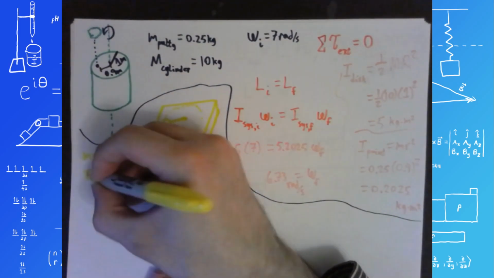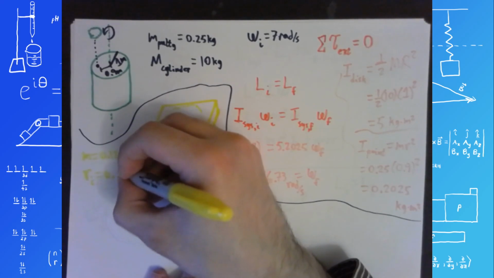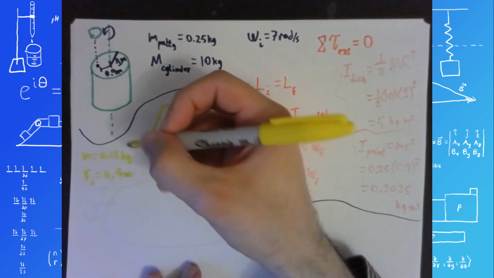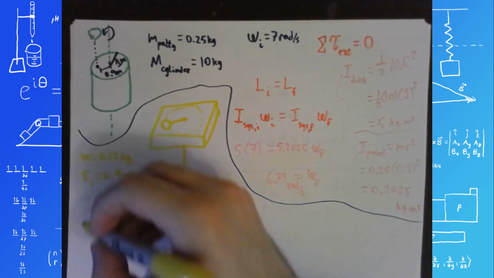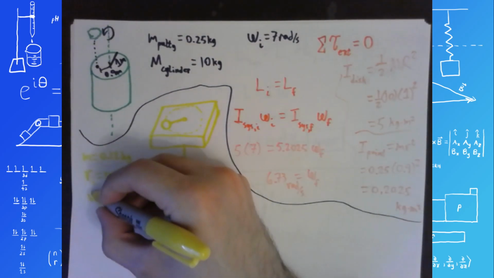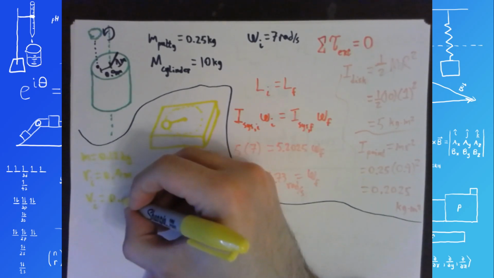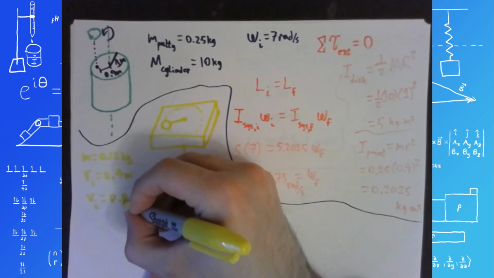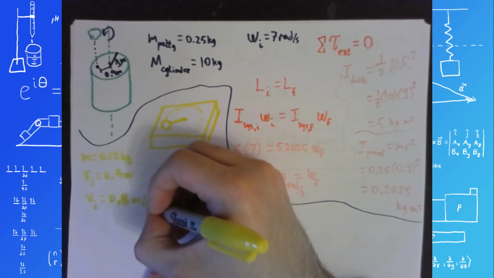So I'm going to call that R initial equals 40 centimeters, or 0.4 if you convert it to meters. And it moves with a speed of 80 centimeters per second. So V initial is 80 centimeters per second, or 0.8 meters per second.